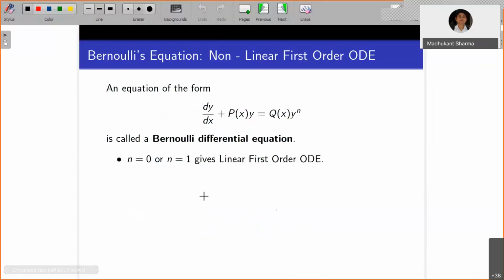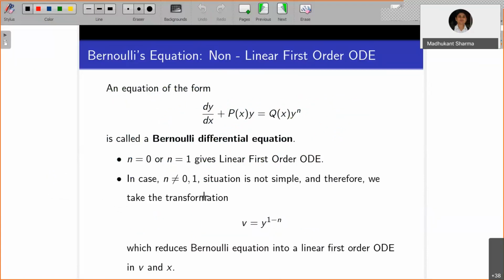I have already mentioned that n equals 0 or n equals 1 gives a linear first order ODE. If n is not 0 and not 1, the situation is not simple. Therefore we take the following transformation, which reduces the Bernoulli equation into a linear first order ODE in v and x.